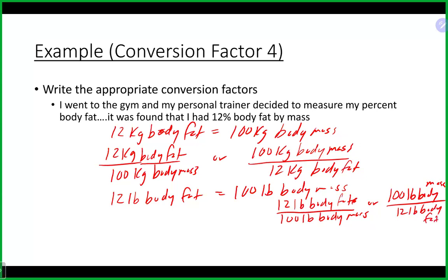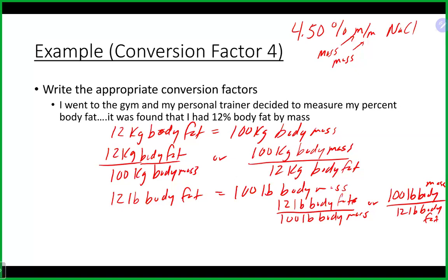Just in general, if you're given a percent of something, and we sometimes see this a lot with solutions and concentrations, as we'll see in a later chapter, you could have something like 4.5% by mass sodium chloride solution. And the M/M here is basically mass to mass, so something like grams.